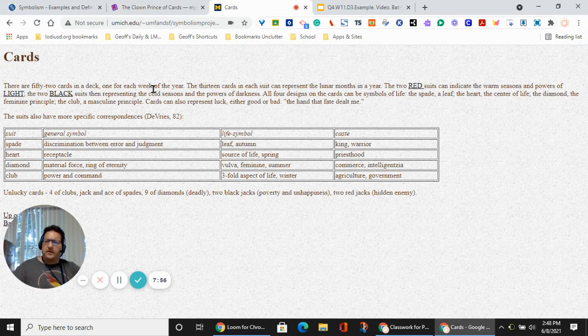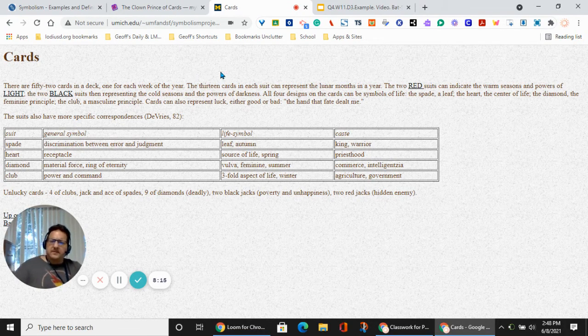Also, what the different suits perhaps mean. But I can also go to the more, like, what does it symbolize? Well, cards symbolize, well, you see the passage of time. We have weeks of the year. 13 cards in a suit can represent the lunar months in a year.